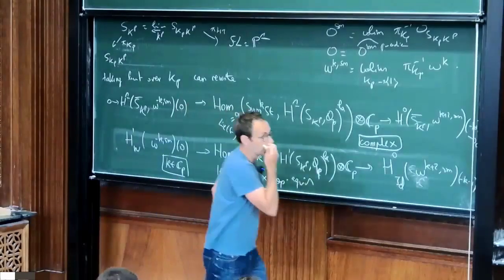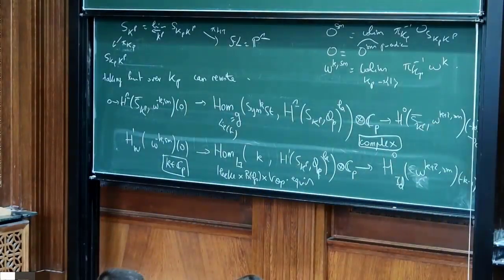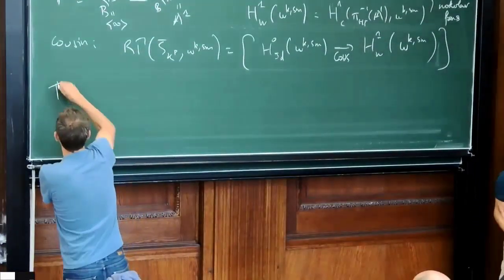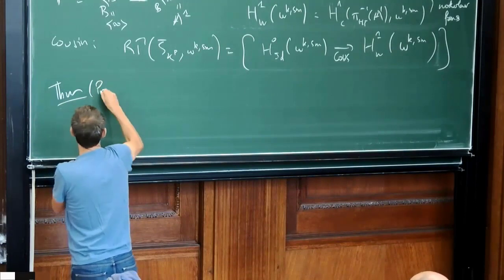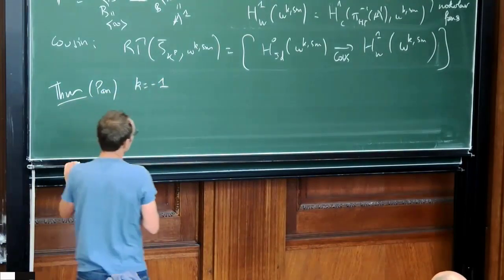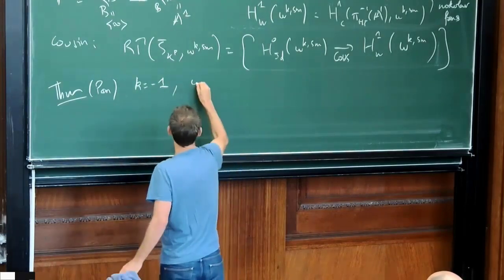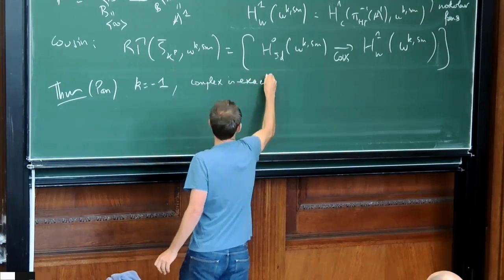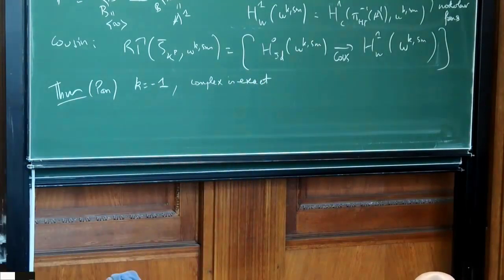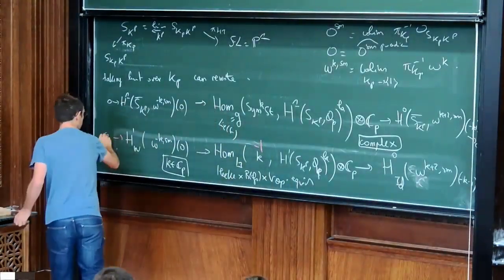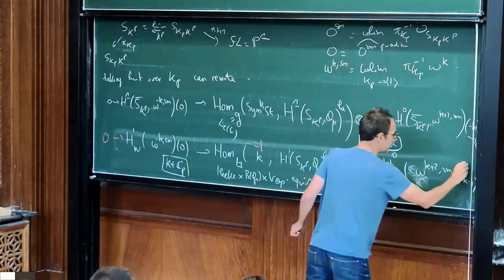So these are the groups appearing there. And so now what Pan proves is that, let me specialize to k is -1. If k is -1, then the complex is exact. So it means that if you put -1 there, then you can put zeros there.